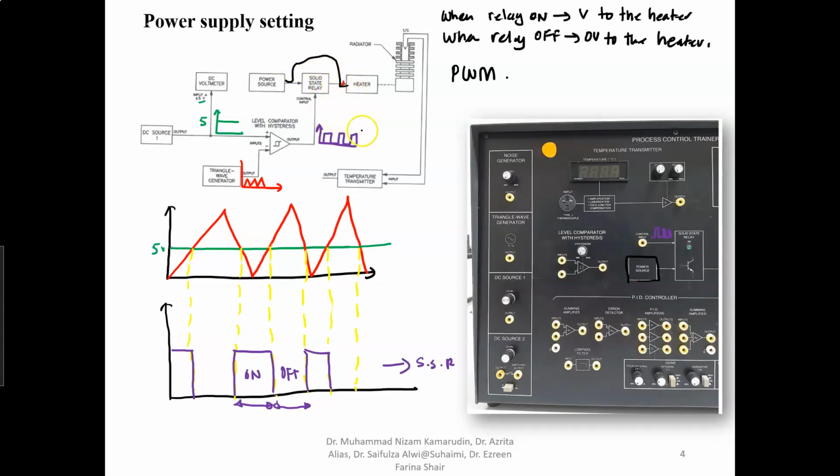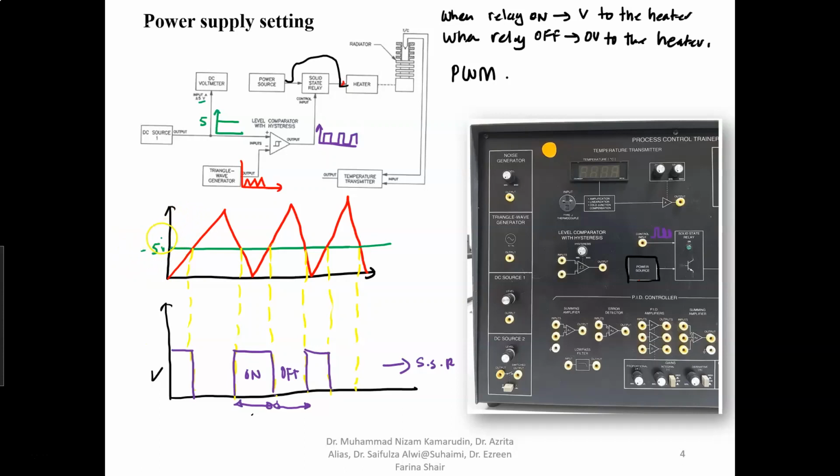PWM is a digital unipolar square wave where the duration of on time and off time can be adjusted, or we can simply say can be modulated, by adjusting the level of this DC source.